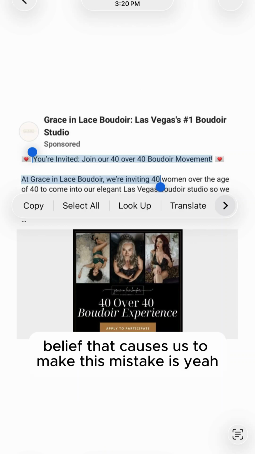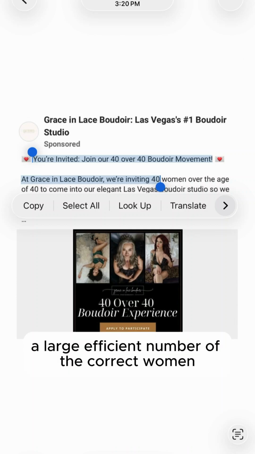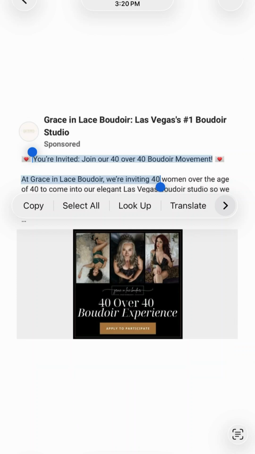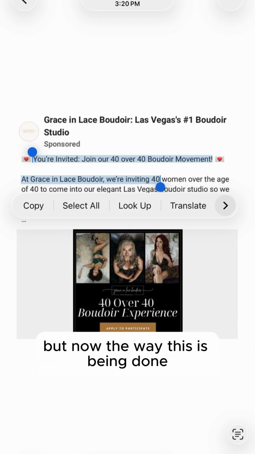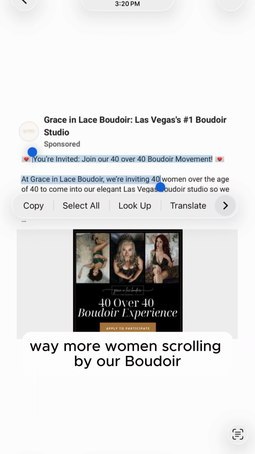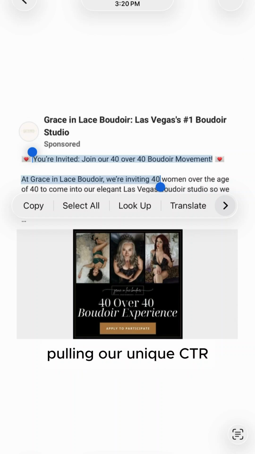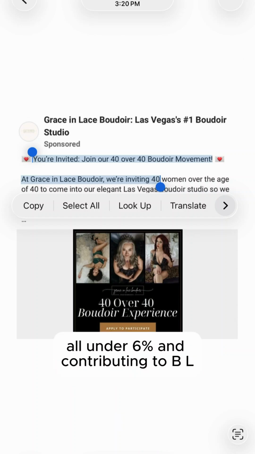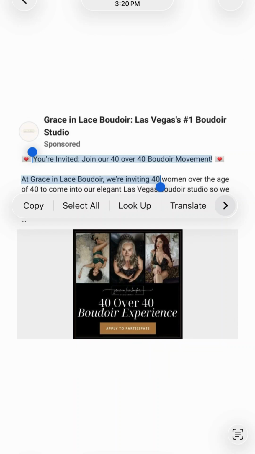So the false belief that caused us to make this mistake is, yeah, we thought our headline was good enough to pull in a large, efficient number of the correct women with our Facebook ad spend. But the way this is being done, we're going to have way more women scrolling by our Boudoir Facebook ad than necessary, pulling our unique CTR under 6% and contributing to BLCS, aka Boudoir low click syndrome.